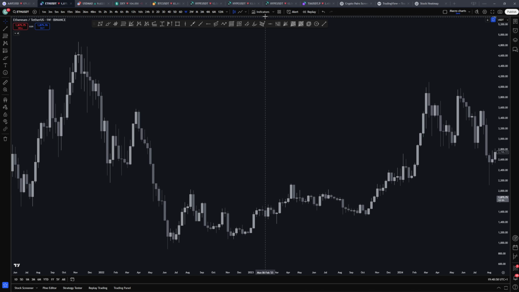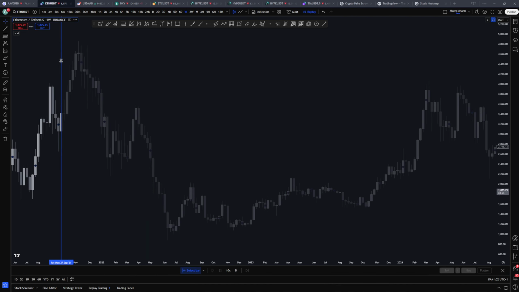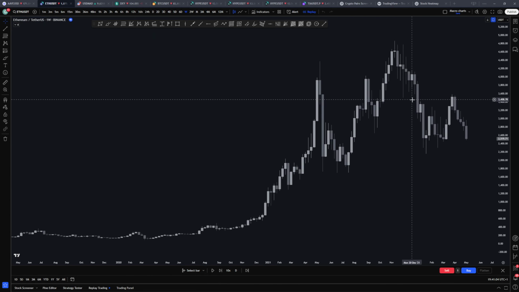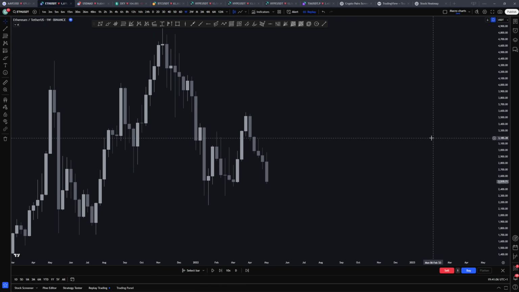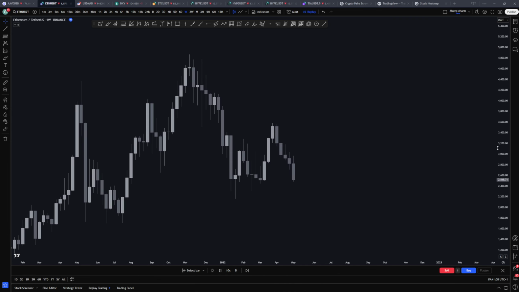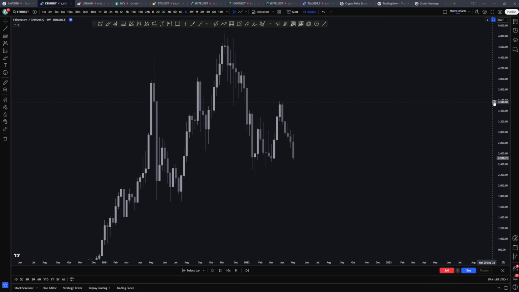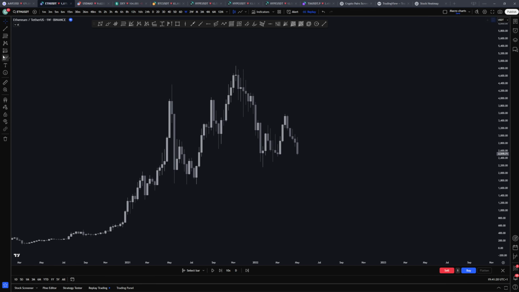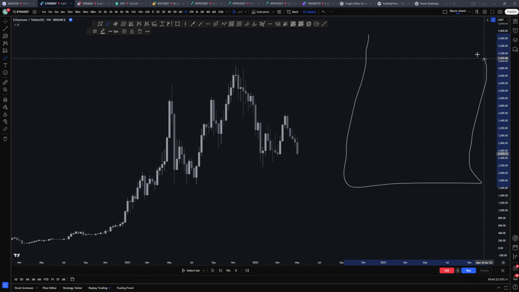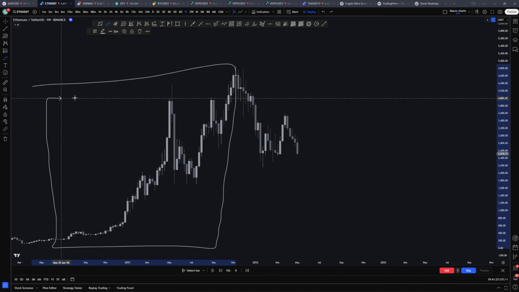Let's say you are someone that is interested in buying ETH right over here. What you can do is you can look to the left, which is something that most people instantly do. They will either instantly look to the left consciously or subconsciously. It is something that everyone does, because if you're looking to buy something, you're going to look at the data you have. Nothing on the right, obviously. Everything is on the left.